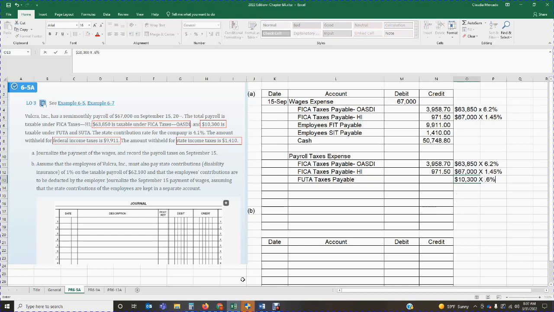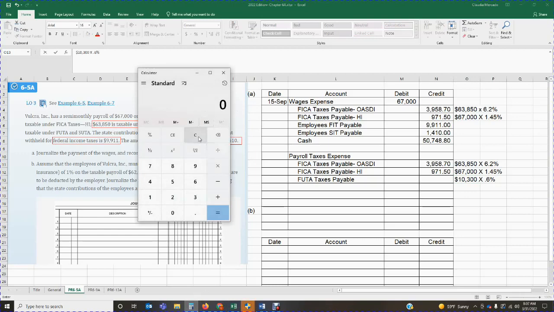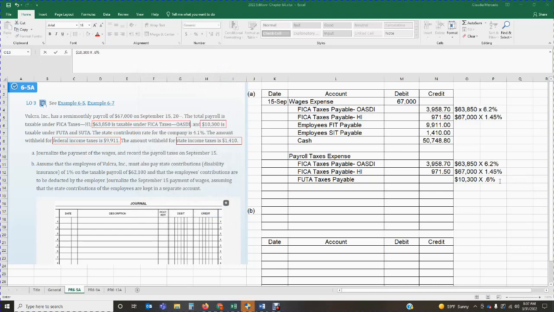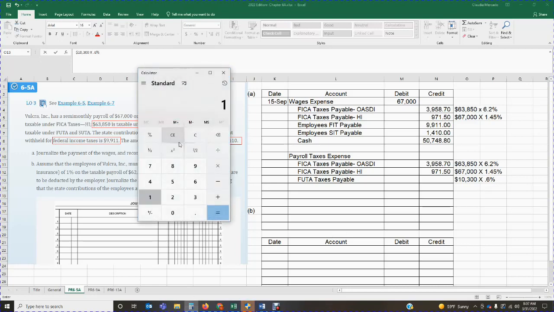Remember, it's 0.6 because the actual FUTA rate is 6%, and then we get a credit of 5.4, so that leaves me a 0.6% FUTA rate. Okay, so that is covered in the chapter that deals with FUTA and SUTA taxes. So we're going to get the 10,300 times my 0.6%, and that gives me 61.80.